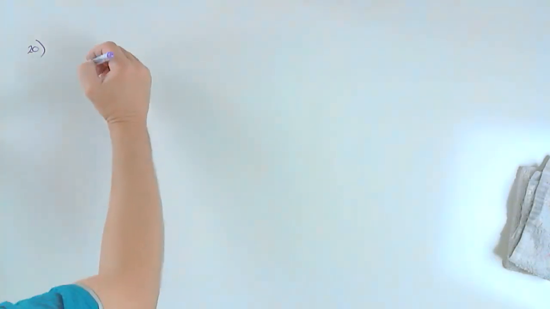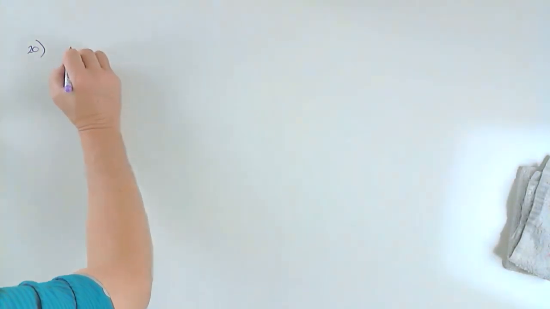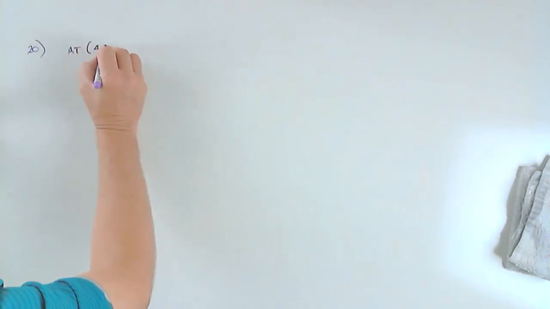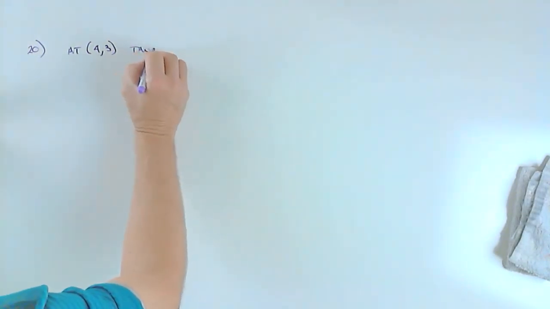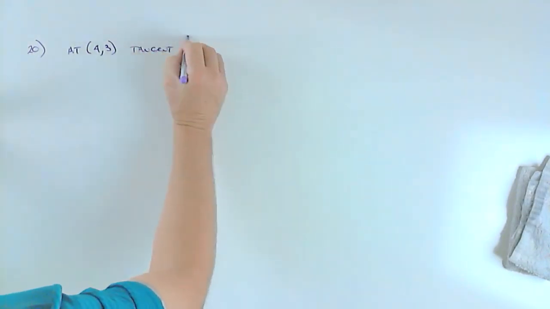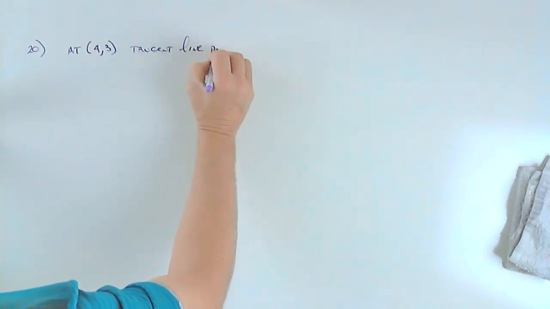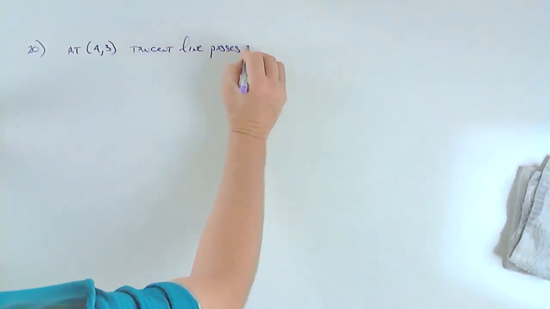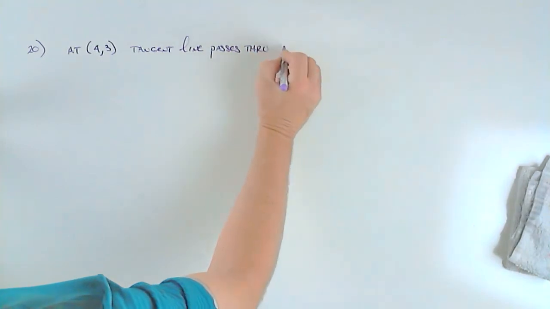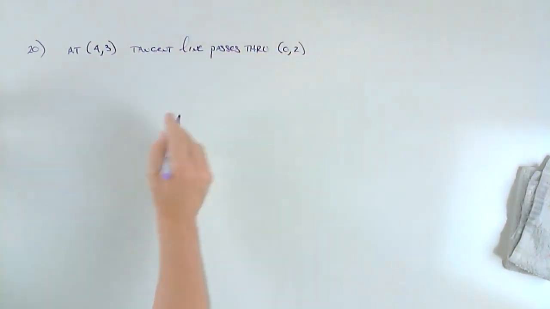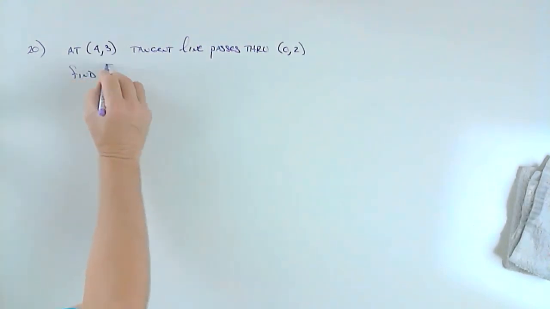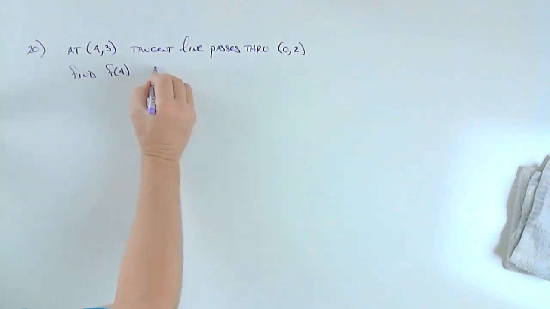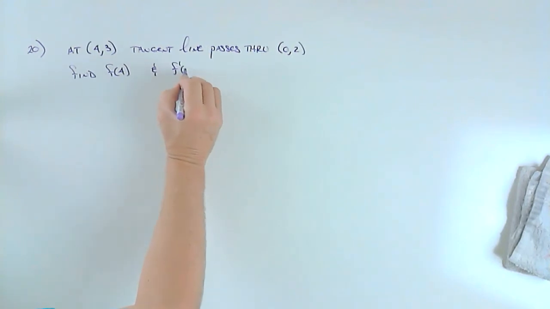It says at the point 4, 3, right? At 4, 3, the tangent line passes through 0, 2. Find f of 4 and f prime of 4.